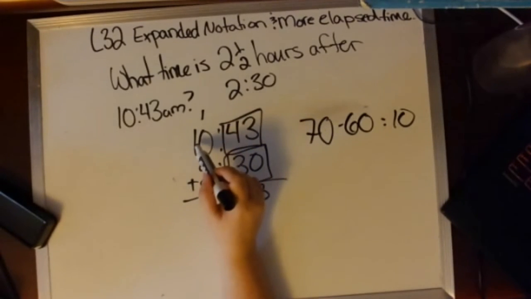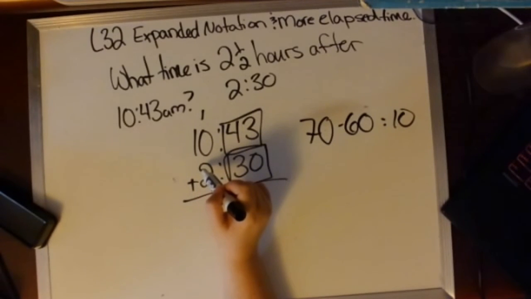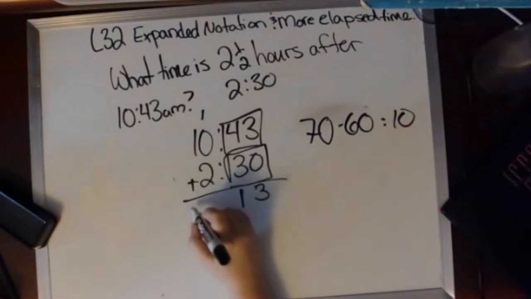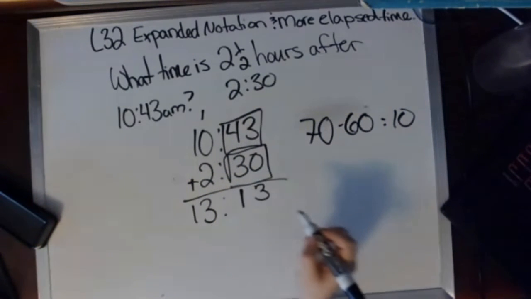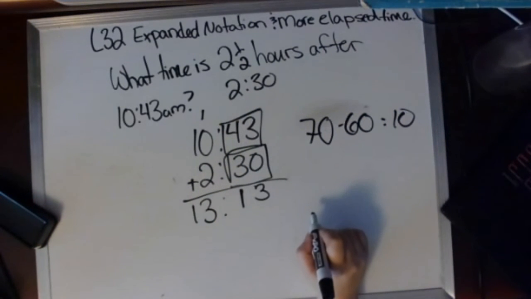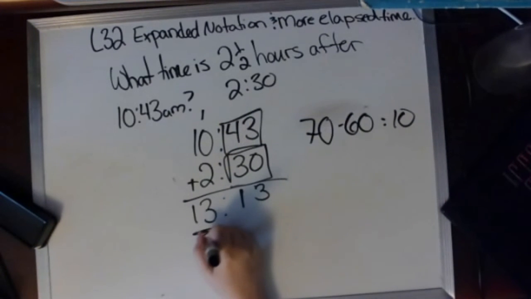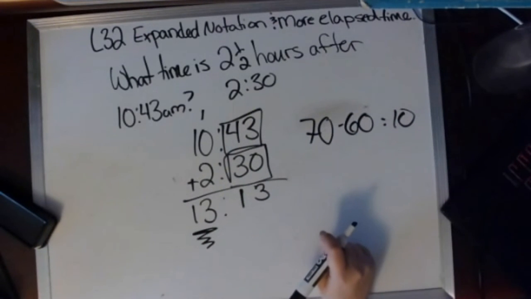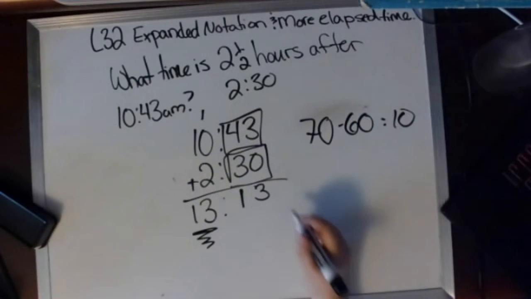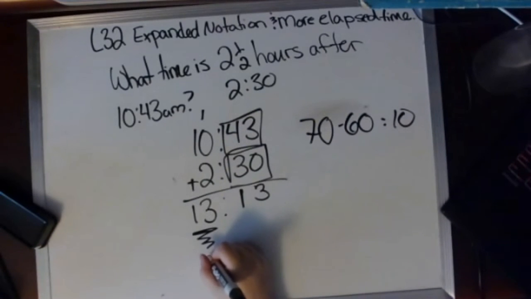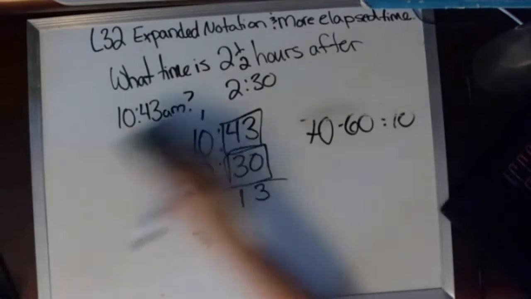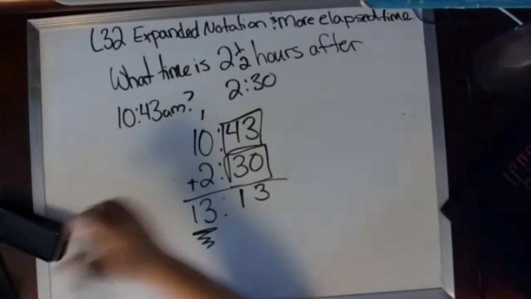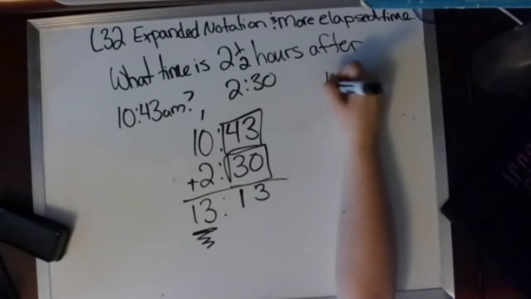Okay, we are now going to do 10 plus 2 is 12, plus the 1 would be 13. 13 hours, if you were doing the 24-hour clock, you would know is 1:13. Because remember, 24-hour clock, we've gone over before, but I'll just do a quick refresher. It starts at 1 in the morning.